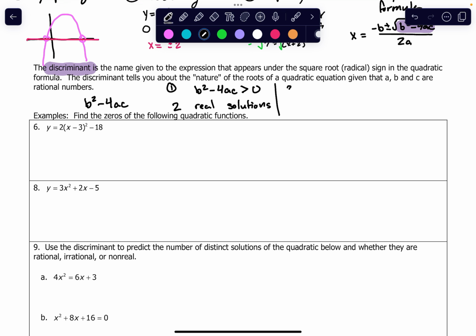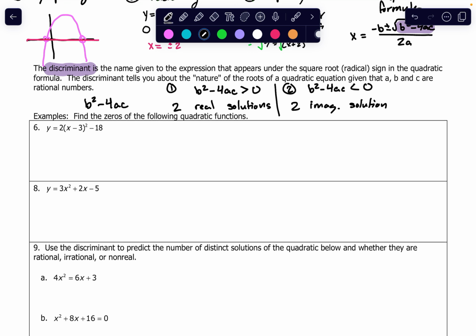If it's less than 0, I should just duplicate as I'm talking this through, that's going to have two imaginary solutions. Because that number that is negative is a number that's under the square root, meaning you have an imaginary solution.